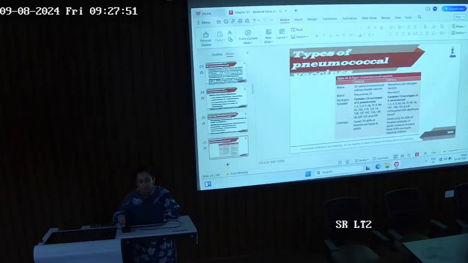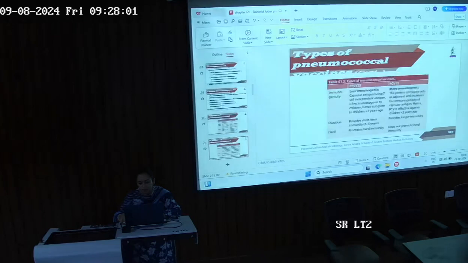Pneumovax 23 covers 70 to 80% of invasive serotypes in adults, and Prevnar 13 covers only 30 to 40% of the invasive serotypes. Pneumovax is less immunogenic, however Prevnar 13 is more immunogenic. The protein conjugate acts as adjuvant and increases the immunogenicity of the capsular antigen.